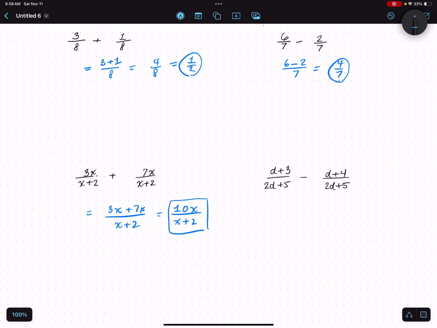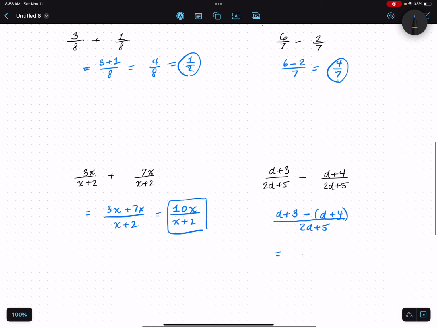And now with the subtraction one, remember that we do have to take extra care when we're subtracting an expression. We know that we're going to combine the numerators. We have to put the second one in parentheses because it's an entire expression, and make sure we're subtracting the whole thing. So now we use our rules of expression.